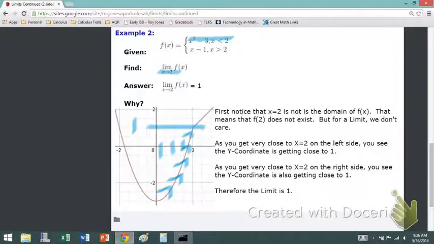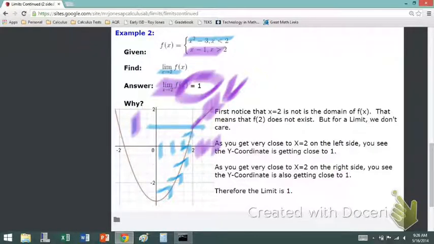And as we approach from the right-hand side, we're using the linear equation right there. We're coming at it this way. As we get really close, our y values are approaching 1 as well. Therefore, the limit of f of x as x approaches 2 is 1, because from both sides we get to the same point.